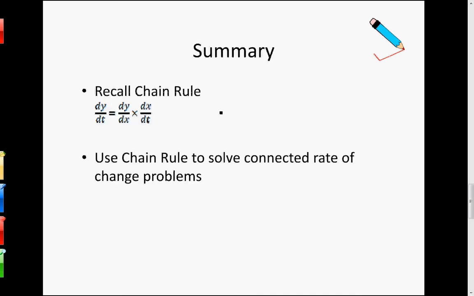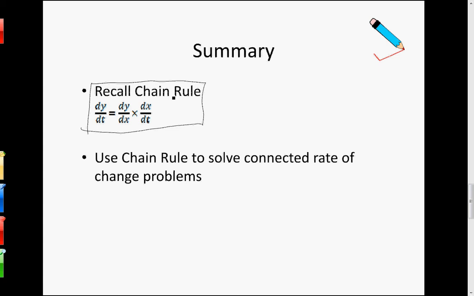In summary, we have the chain rule, which is the key to our topic, so you need to remember it. The chain rule states that dy/dt is equal to dy/dx times dx/dt. It's as if it's a fraction I can cancel, but never show that you cancel this, because it is actually not a fraction, it is a symbol.